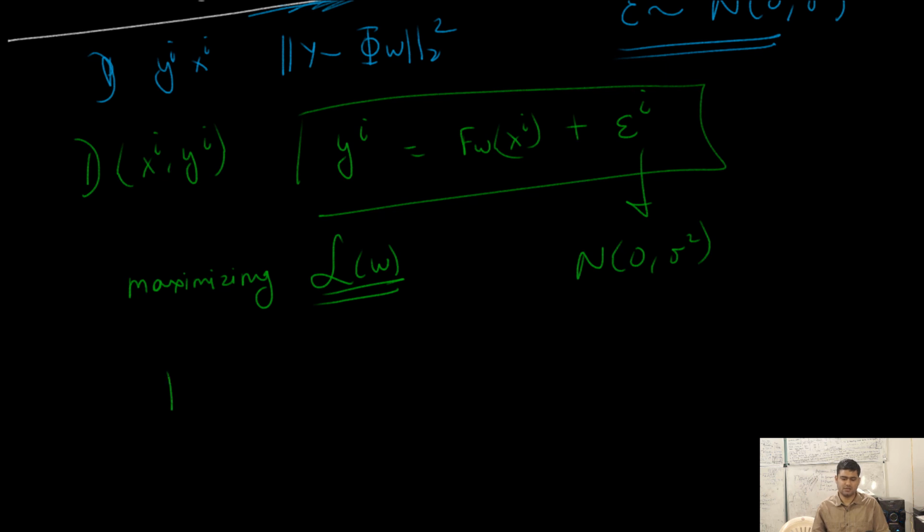That is, it's equivalent to minimizing this cost function over the dataset with respect to w.